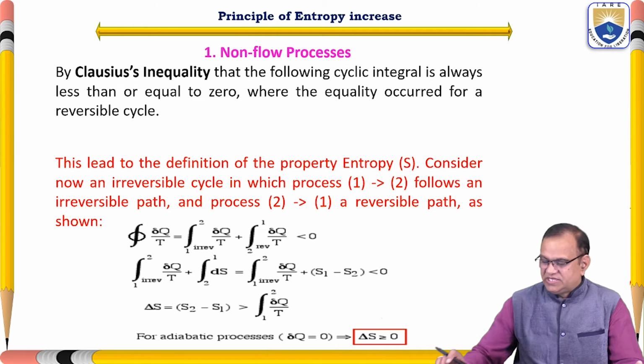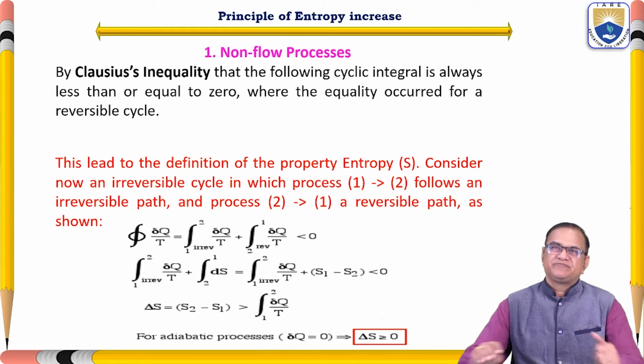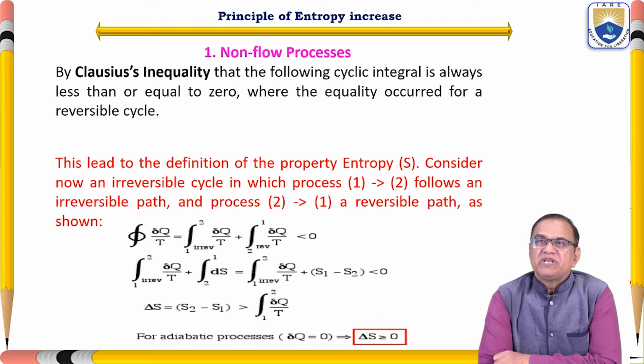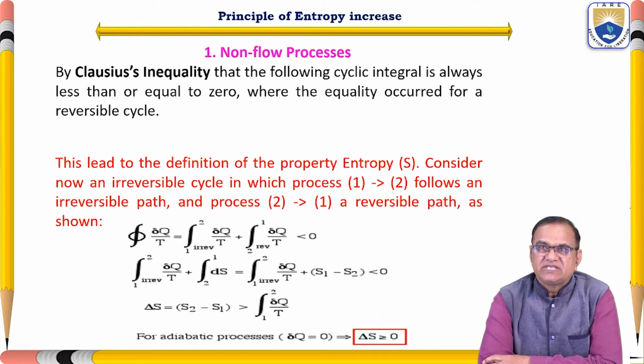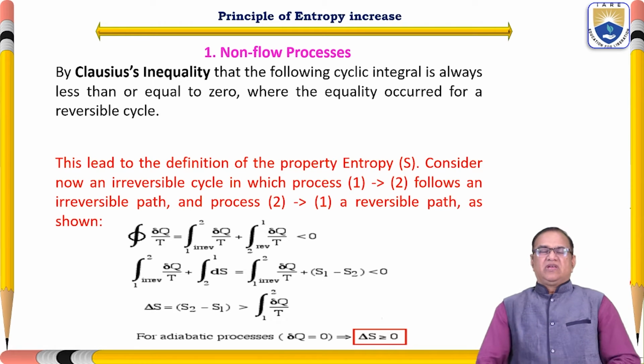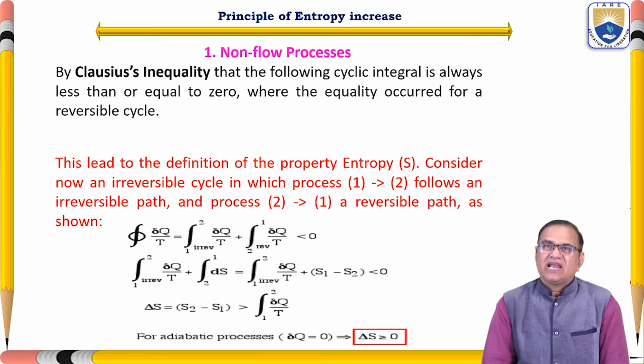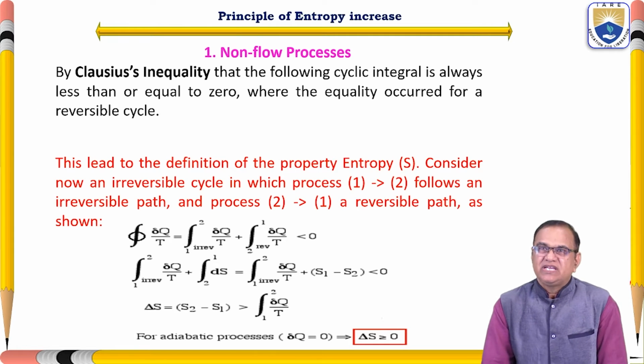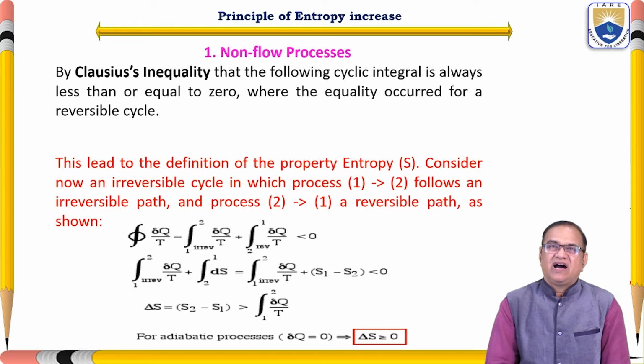Okay, so we can see here the principles of entropy increase. First we will see non-flow processes. We know, by the Clausius inequality, that the cyclic integral is always less than or equal to 0.